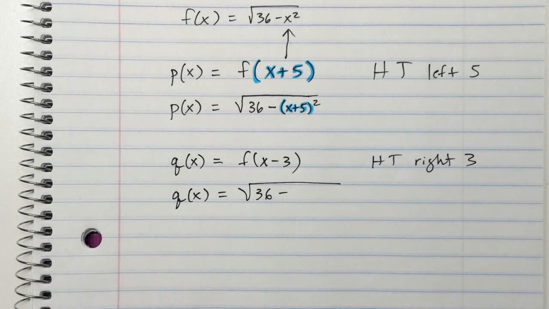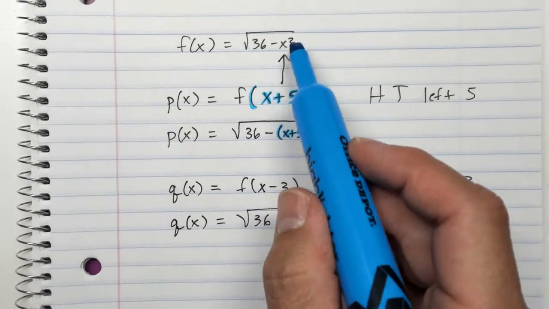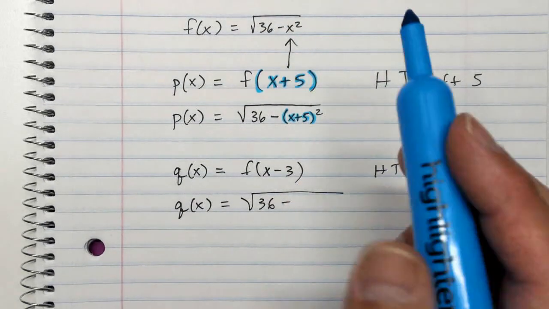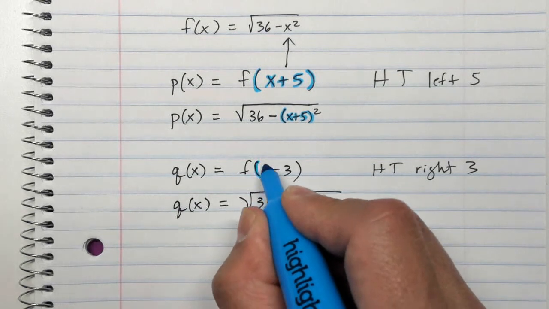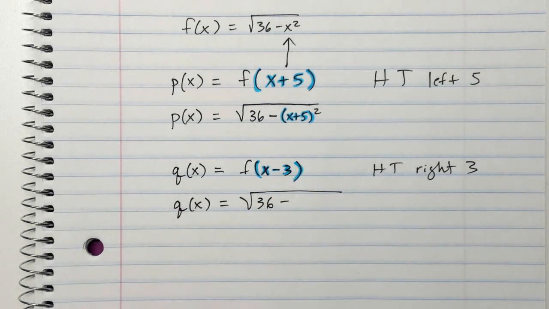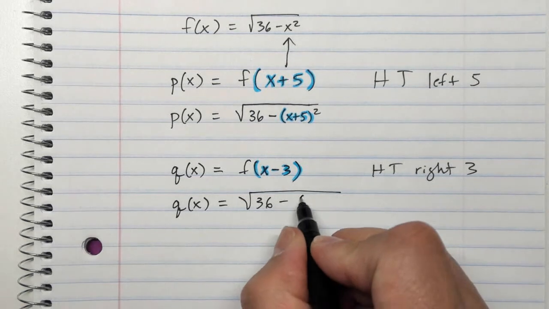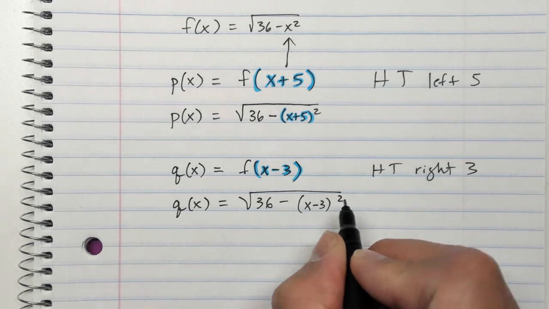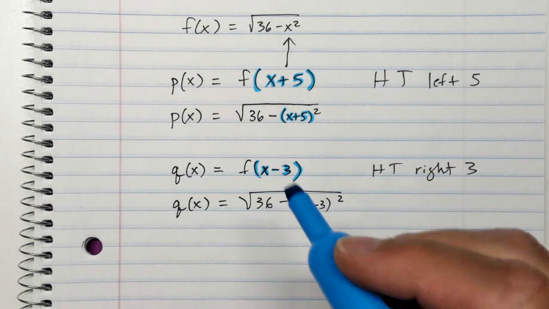But instead of the original x, you are going to write x minus 3. And that will move it right 3 spaces. If you do not use parentheses when you're supposed to use parentheses, bad stuff happens.